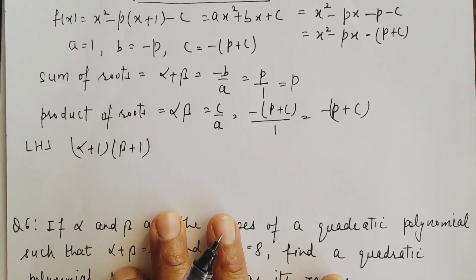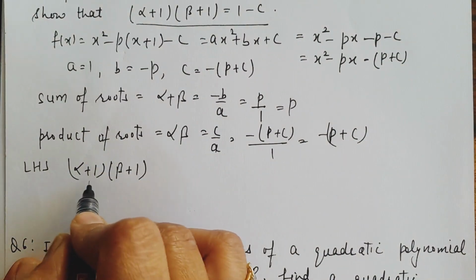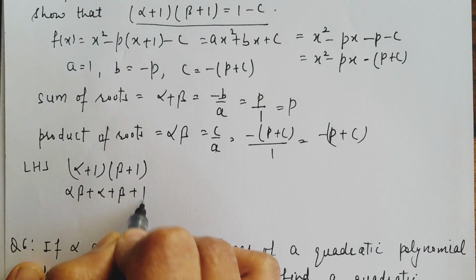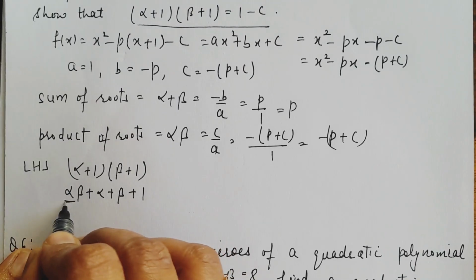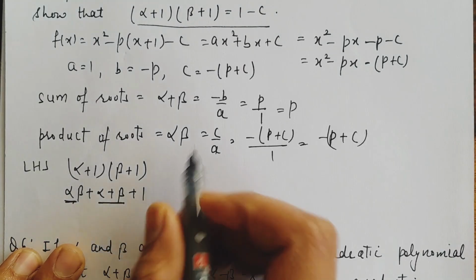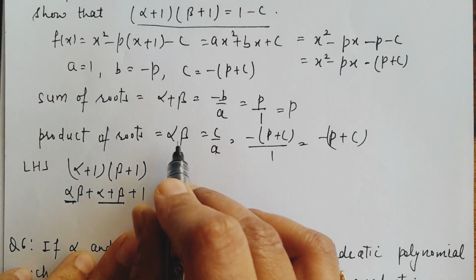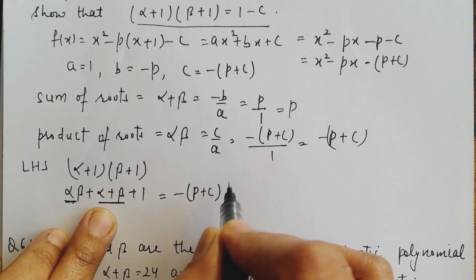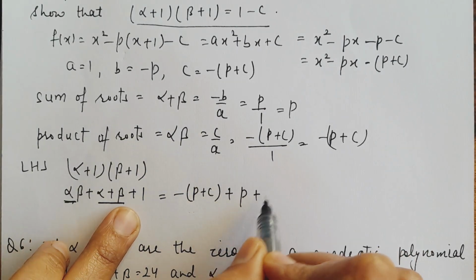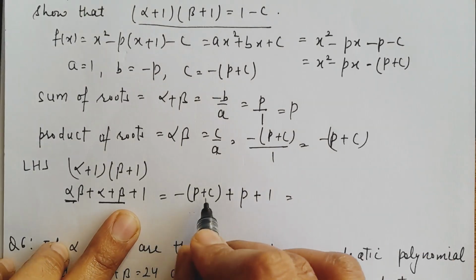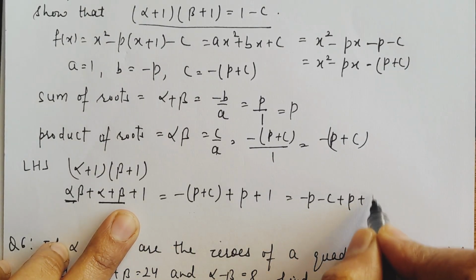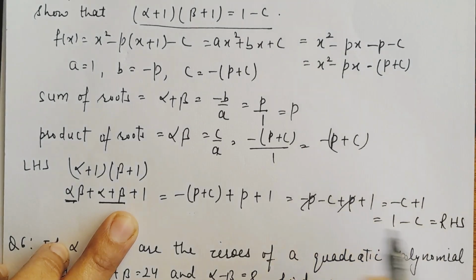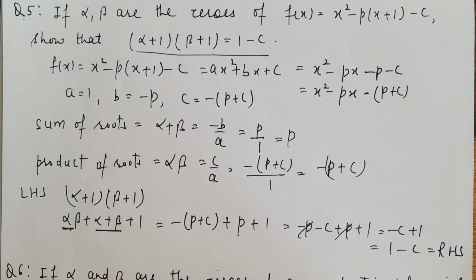Okay, so we will first multiply this. सो इसको अगर हम मल्टीप्लाई करेंगे तो क्या आ जाएगा, ये आपके पास अल्फा बीटा प्लस अल्फा प्लस बीटा प्लस 1। अब देखो यहाँ से हमें डायरेक्ट दिख रहा है अल्फा बीटा हमारे पास आ चुका है, अल्फा प्लस बीटा की भी वैल्यू हमारे पास है, तो वी विल पुट द वैल्यूज ओनली हियर। अल्फा बीटा इज माइनस p प्लस c, अल्फा प्लस बीटा इज p एंड प्लस 1। हमने सिर्फ वैल्यू सब्स्टिट्यूट की हैं। इसको खोलेंगे तो -p माइनस c प्लस p प्लस 1, p इज कैंसल्ड, सो -c प्लस 1, दैट मीन्स 1 माइनस c, एंड दैट वी वांटेड टू प्रूव, दैट इज इक्वल टू 1 माइनस c। इज इट क्लियर?